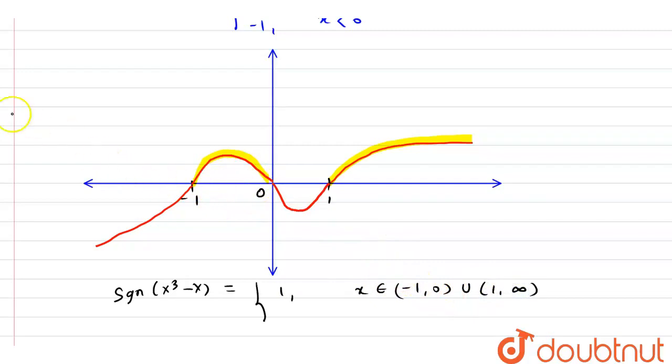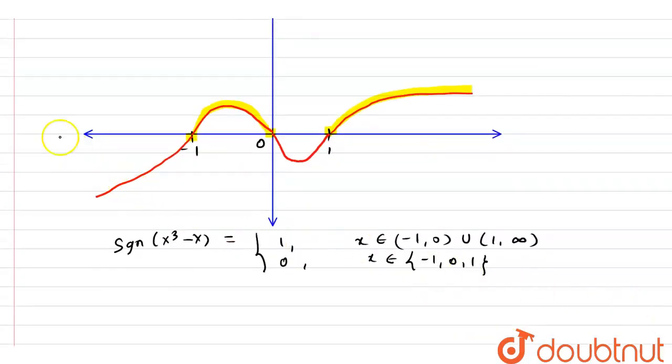Here we get a positive value. Now we get 0 at 0, 1 and minus 1, right? So what I can say here is that my signum function will be 0 at x belongs to minus 1, 0, 1 only.